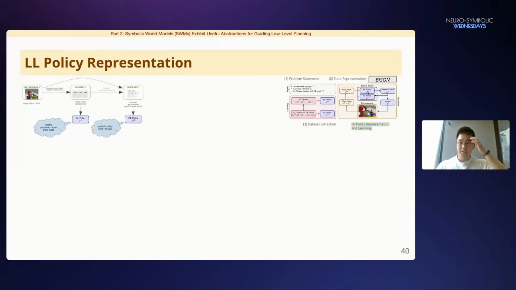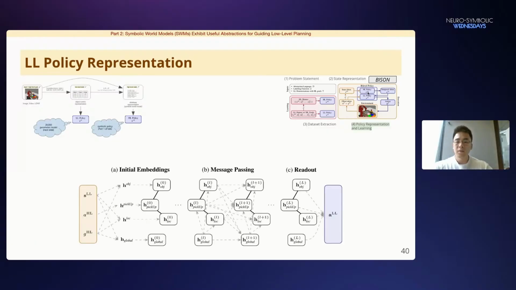I'll quickly next talk a bit more about our low-level policy architecture. We can visualize it as a message passing neural network operating on the object-centric states as follows. The inputs are on the left and the outputs on the right. The inputs correspond to the form of our low-level demonstrations. So we have a low-level state, and we also have a high-level goal.